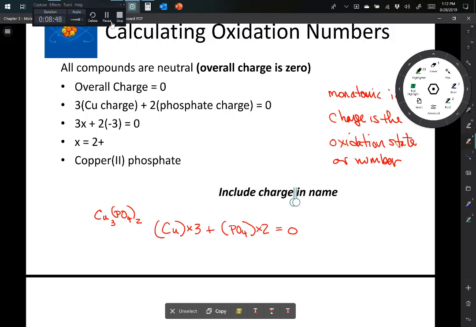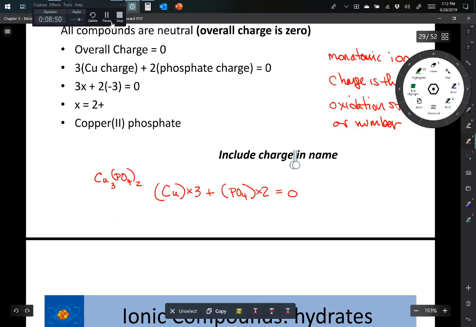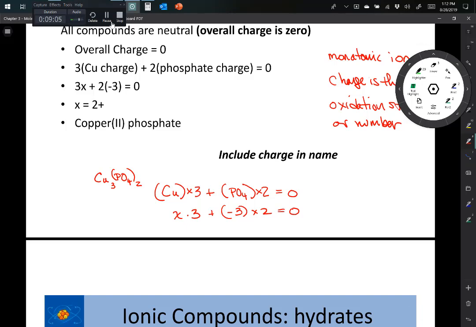That's what we mean by it's electrically neutral. If you know the charge of phosphate, but you don't know the charge of copper, you can solve that equation for x. It's more formally done up there. You can do the math.